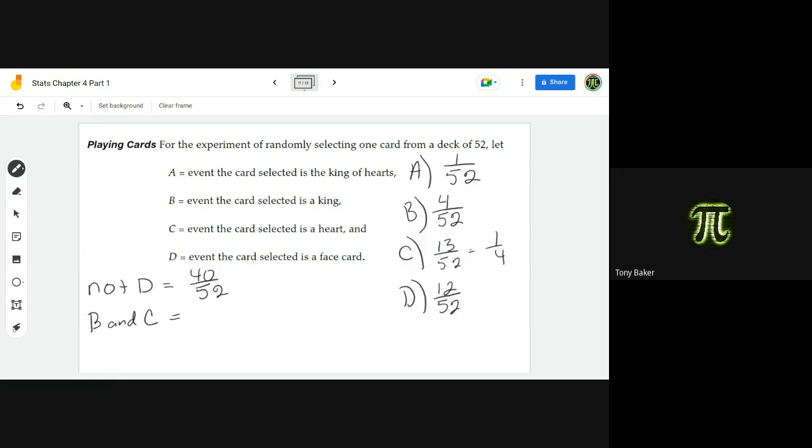B and C is different than B or C. B and C means they both have to occur. So the answer is 1 out of 52. There is only 1 card that is a king and a heart.